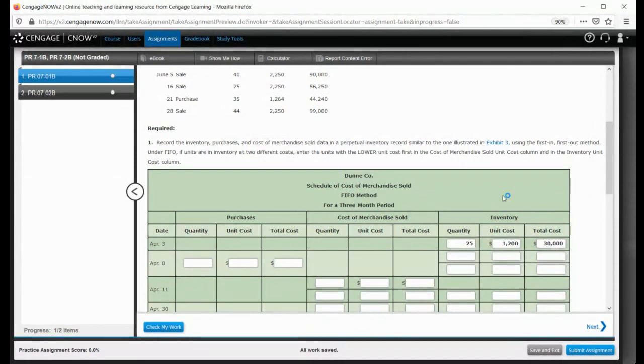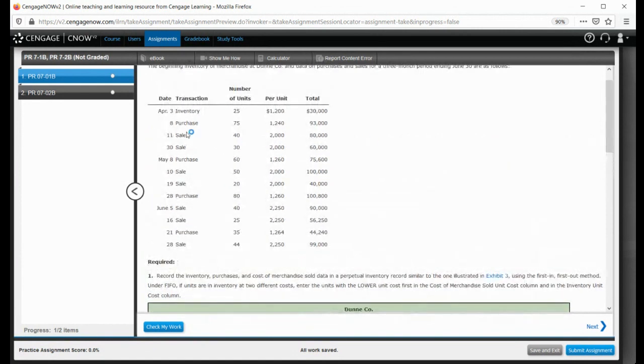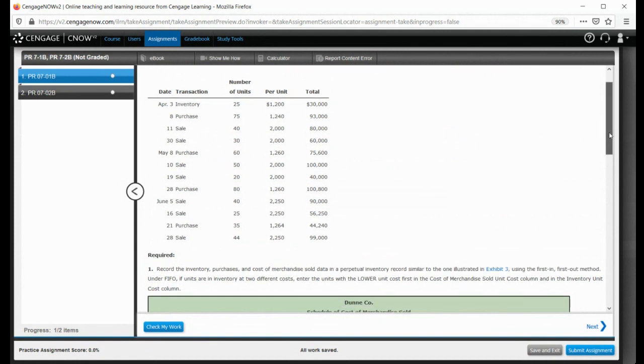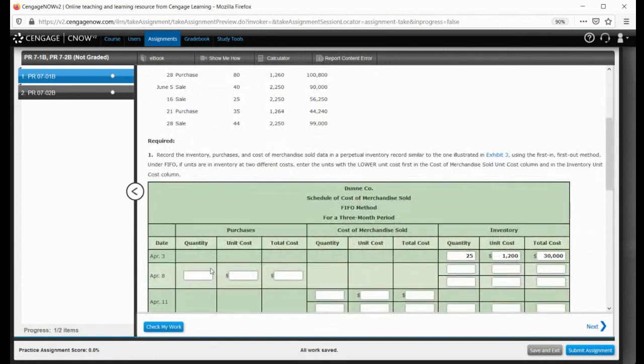So getting back to the transaction on April the 8th, the purchase there, when we buy merchandise, we're going to have to record it in this cost card, because this is what we do in a perpetual inventory system.